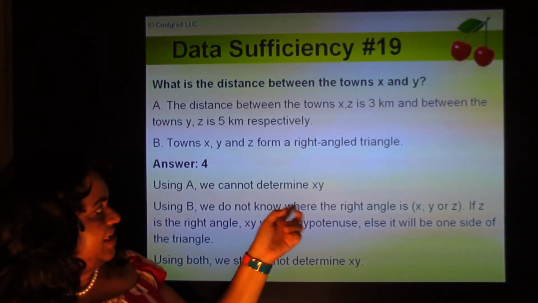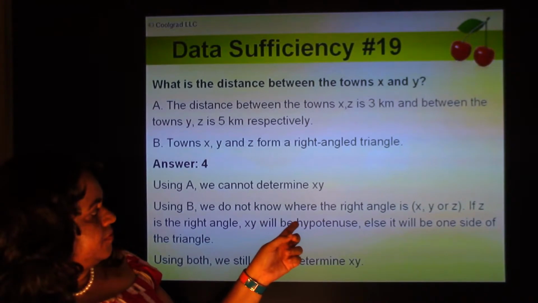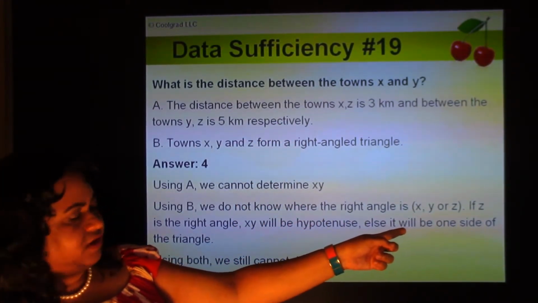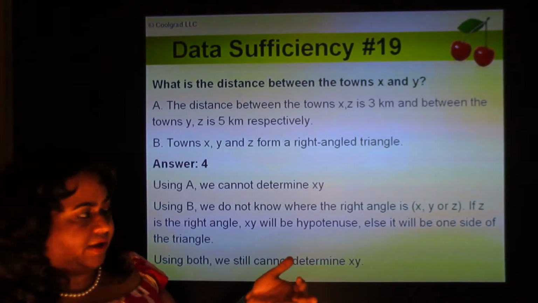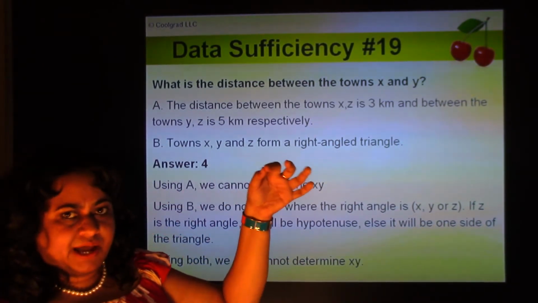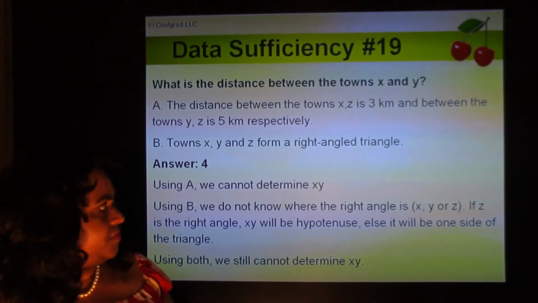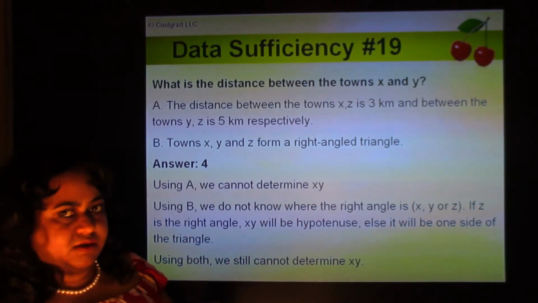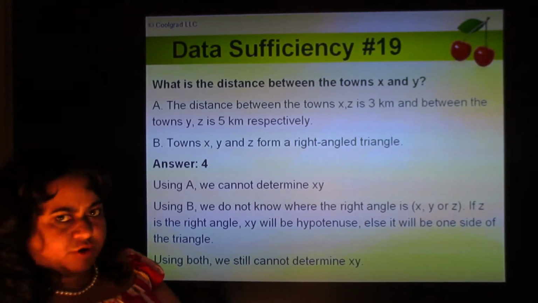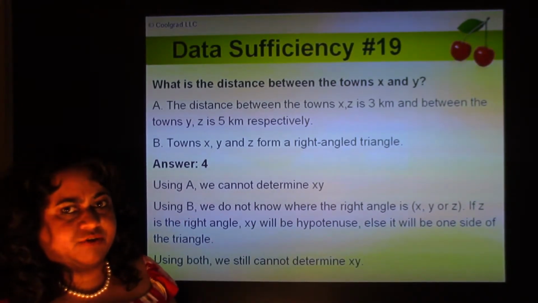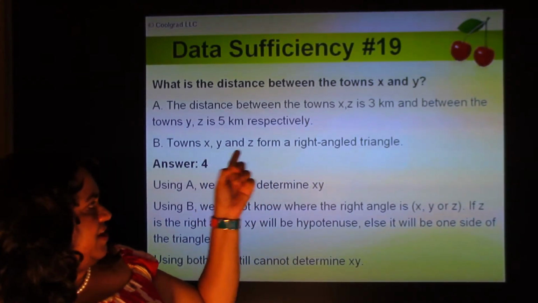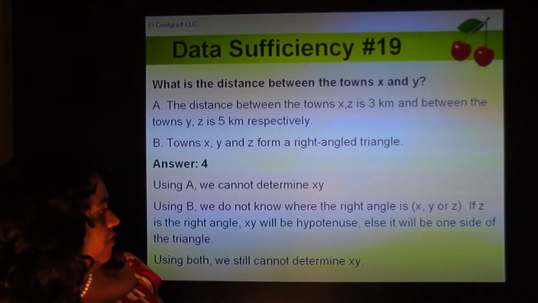And if you had Z as the right angle, then we would have ZX is 3 and ZY is 5. And the hypotenuse would be XY. So suppose Z was the right angle, then XY would be the hypotenuse of the right angle triangle. And suppose X or Y was the right angle, then XY would be one of the sides of the right angle triangle, not the hypotenuse. So we still don't know which one is the right angle. So we still can't say.